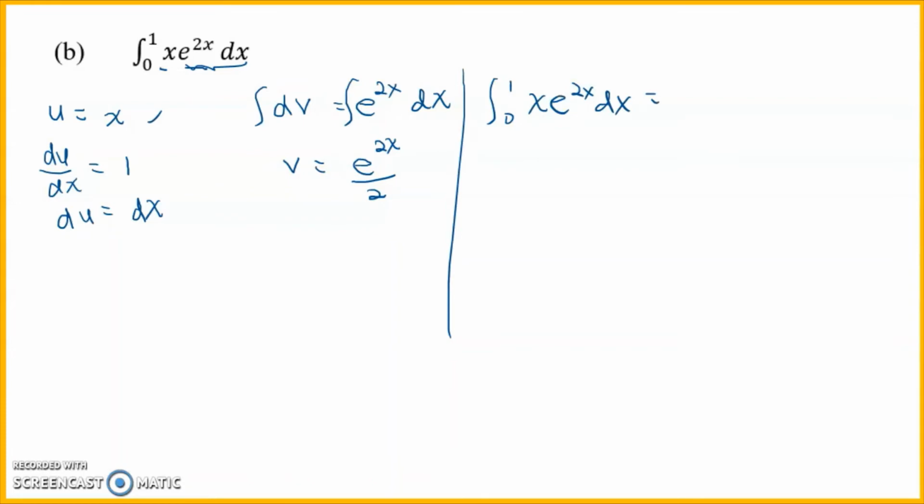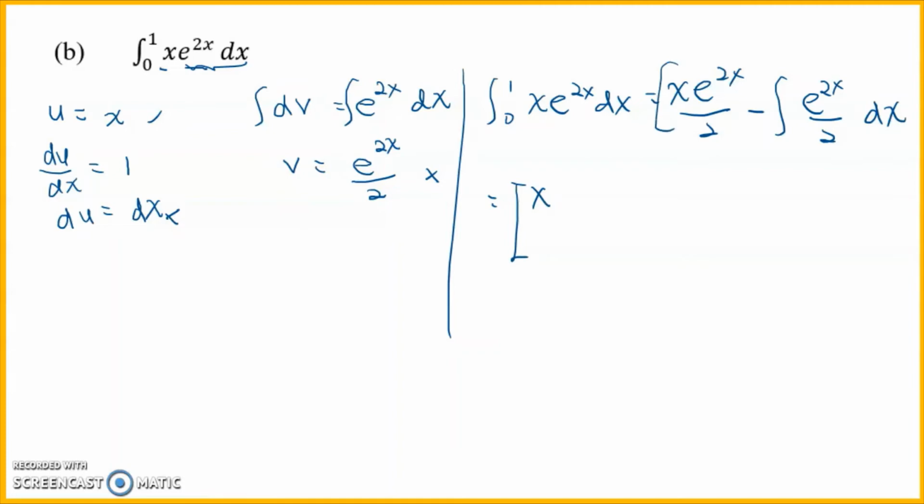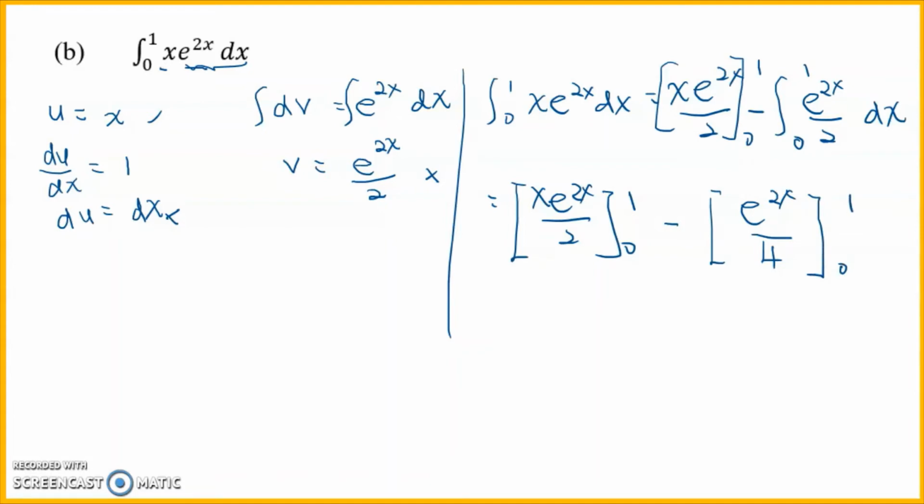integral of u dv equal to uv minus the integral of v du. So what we will get should be, sorry, let me put the limits of integration first. Integrating e to the 2x over 2 is going to give us e to the 2x over 2 again, so what we get should be e to the 2x over 4, from 0 to 1.